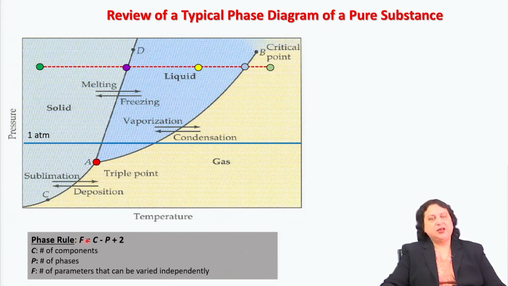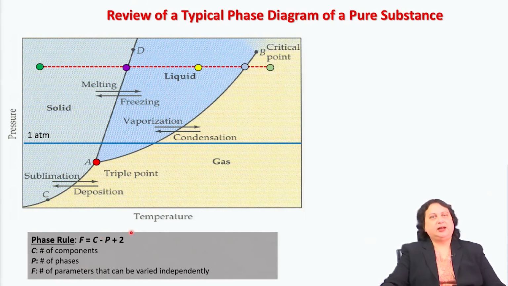So, f is equal to c minus p plus 2. This is a phase rule that you have seen before, and f obviously depends on c, the number of components, p the number of phases, and there is plus 2.